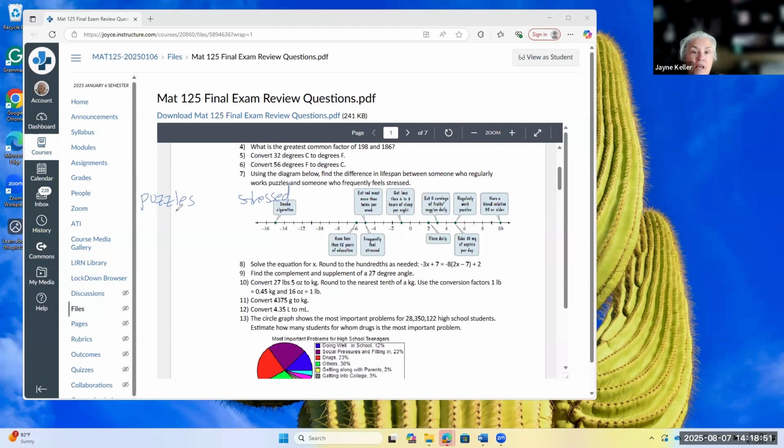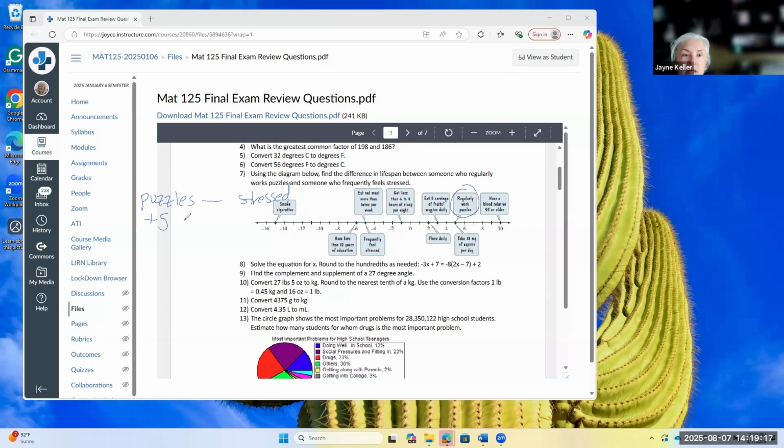So I want to find the lifespan difference for puzzles and subtract the lifespan difference for stressed. Where's puzzles? I'm guessing that's going to be plus something. Here we go. Regularly work puzzles. I like to do puzzles. Good news for me. Okay, so plus 5.